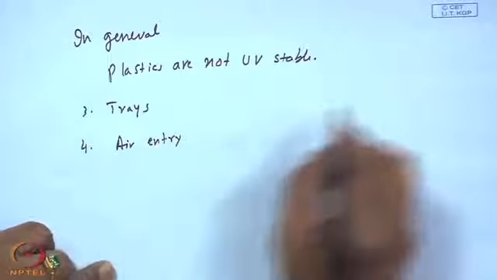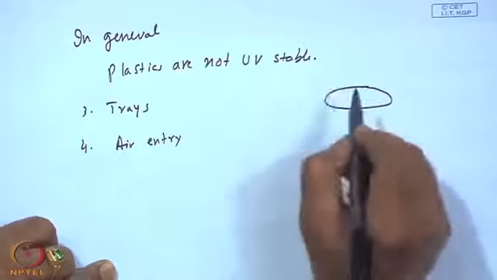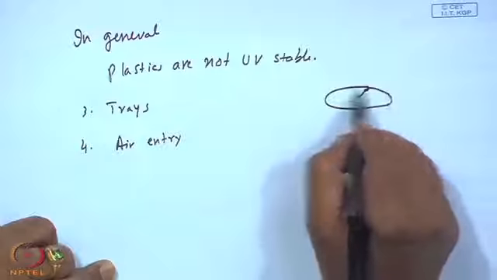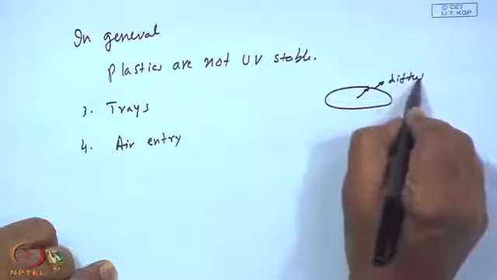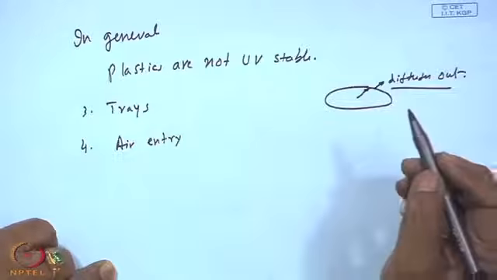So, for example, if you take a food product, the moisture in that will come to the forefront or the skin, then diffuses out. So, this needs to be carried out.